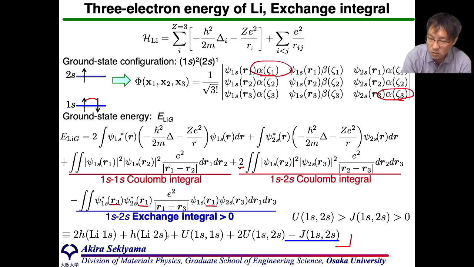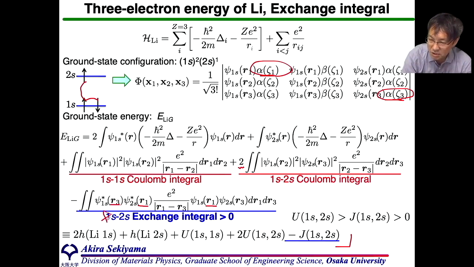The first two terms represent 1-electron energy, and this term gives Coulomb interaction between the 1s orbitals with different spin alignment, and this term gives 1s 2s Coulomb interaction, and the final term gives the exchange interaction between this one.